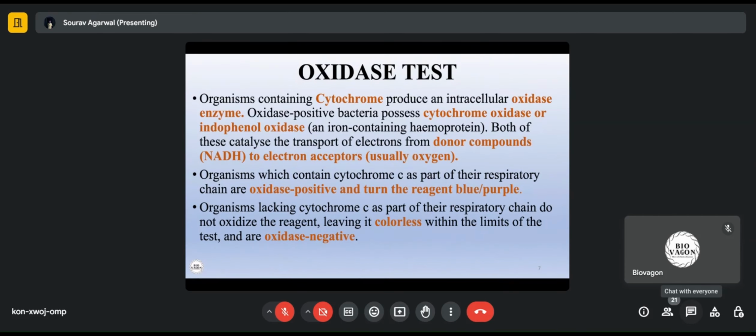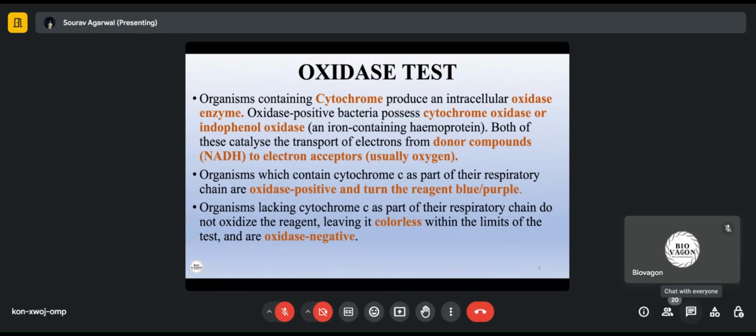So whichever organisms have cytochrome oxidase enzyme are generally aerobic organisms, right? Because oxygen will be the last terminal acceptor only when the organisms are aerobic in nature. So this test also tells us if the organism is aerobic or anaerobic.